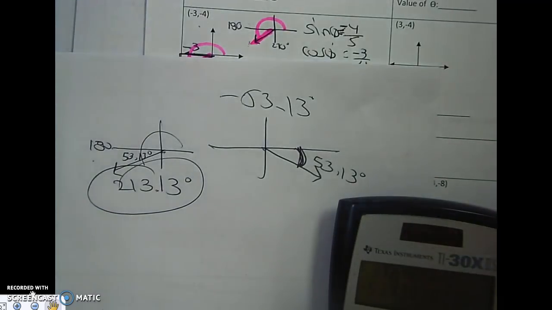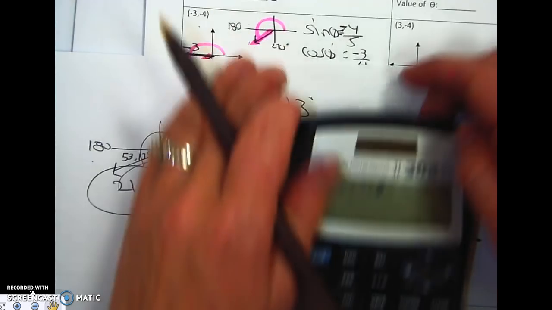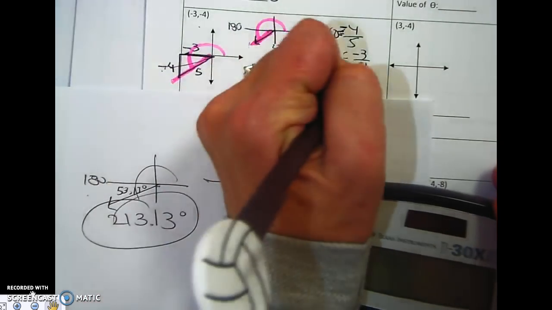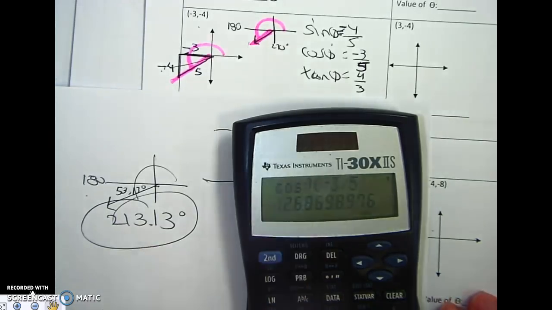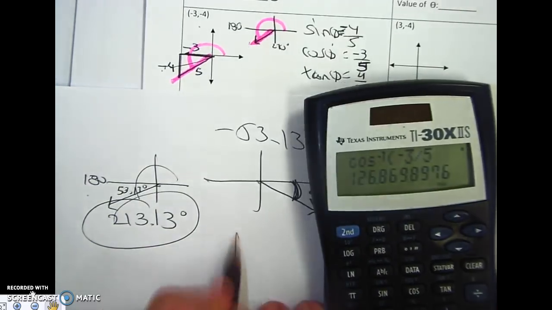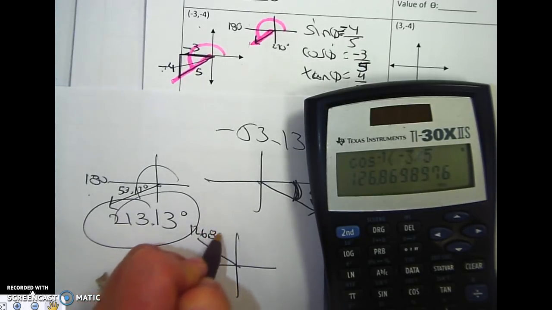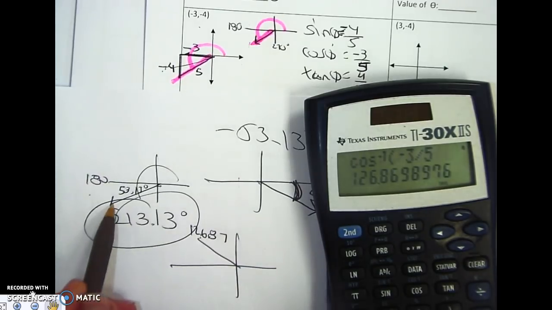If I didn't use sine and I decided to use cosine, inverse cosine of negative 3/5, that tells me 126.87. If I graphed 126 in standard position, that tells me it's in the second quadrant, but we know my answer's in the third quadrant.